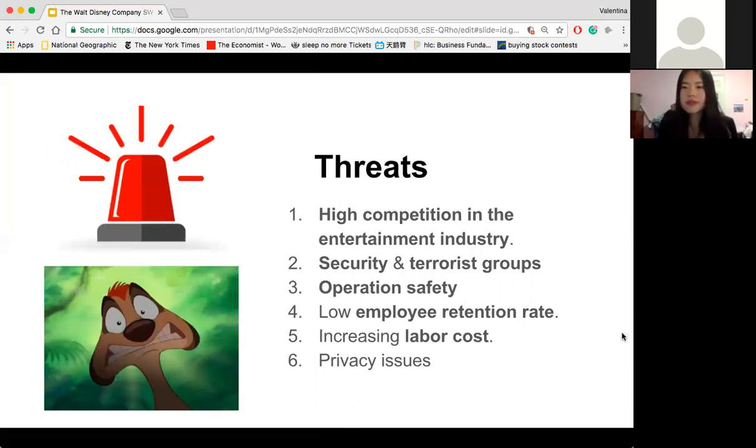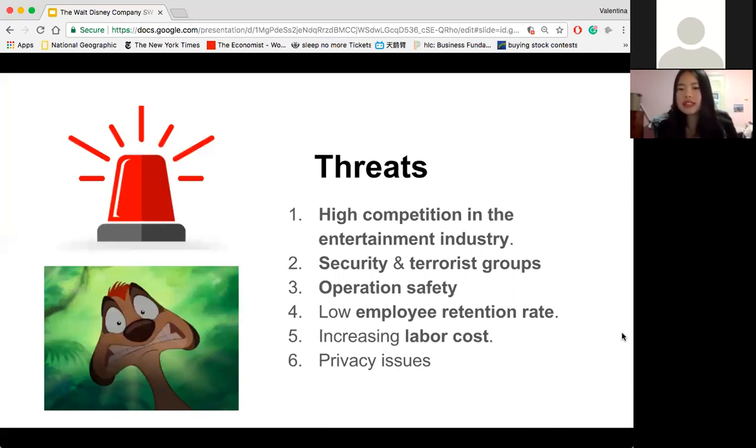Some people might find Universal Studios cooler, with more thrilling attractions. So if Disney could develop more attractions, like I mentioned in the opportunities, it will help them hugely with the first threat of high competition.